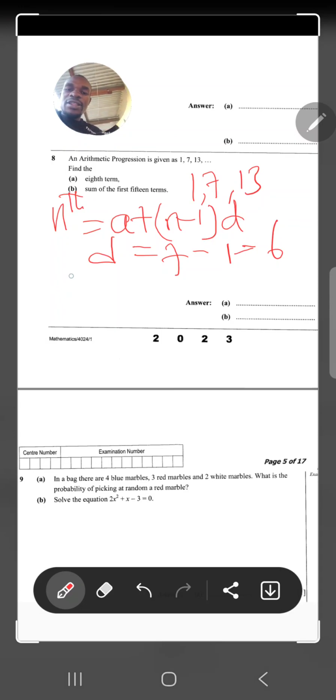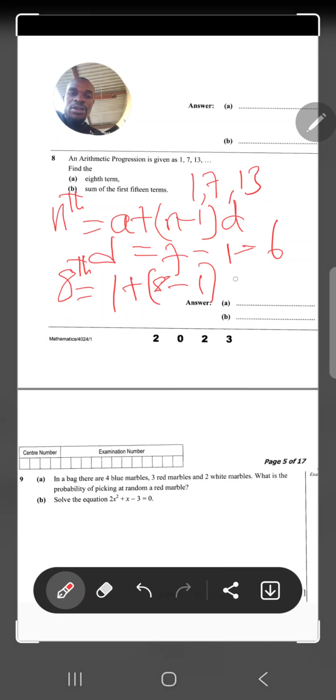So to find the 8th term, I'm going to say the first term, which is 1, plus (n minus 1) multiplied by the common difference, which is 6.